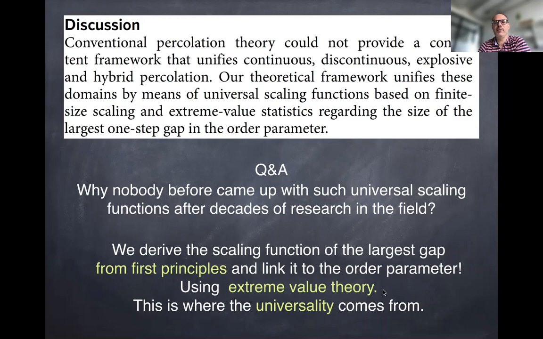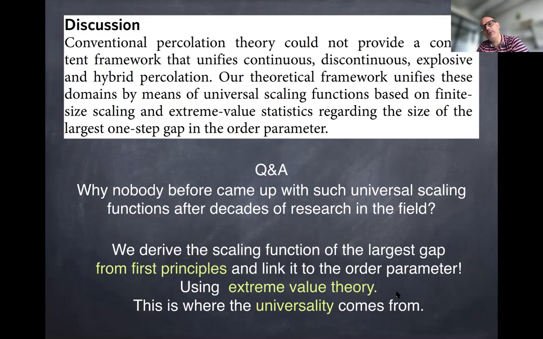And we use extreme value theory, which is not an invention of ours. This has been out there for a very long time. It tells you a lot of things. If you have uncorrelated random variables described by a distribution, and you take the maximum for a finite sample, then the distribution of the maxima, of the extrema, cannot follow just any distribution.